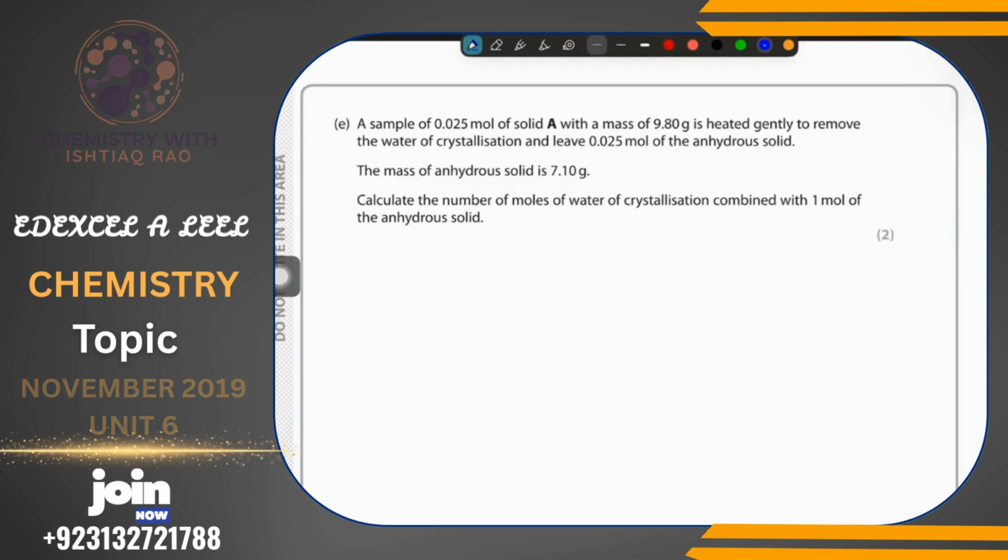The sample of 0.025 moles of solid A is heated gently to remove the water and leave the anhydrous solid.